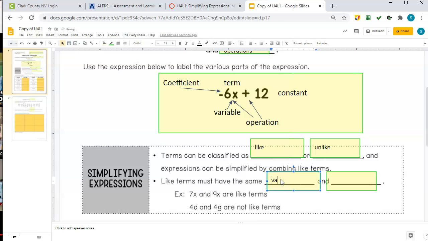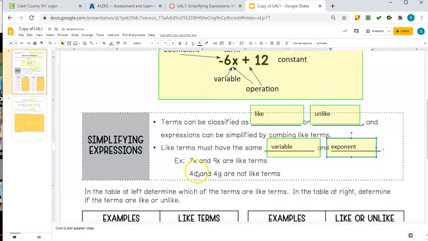Actually, it's variable and exponent. So 7x and 9x are like terms because they both have an x. 4d and 4g are not the same term because they don't have the same variable.